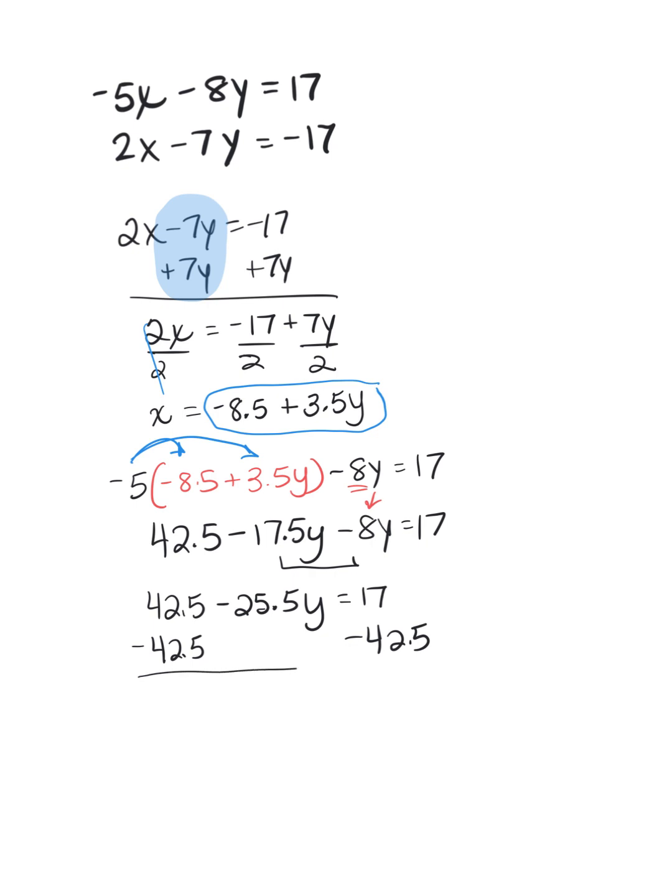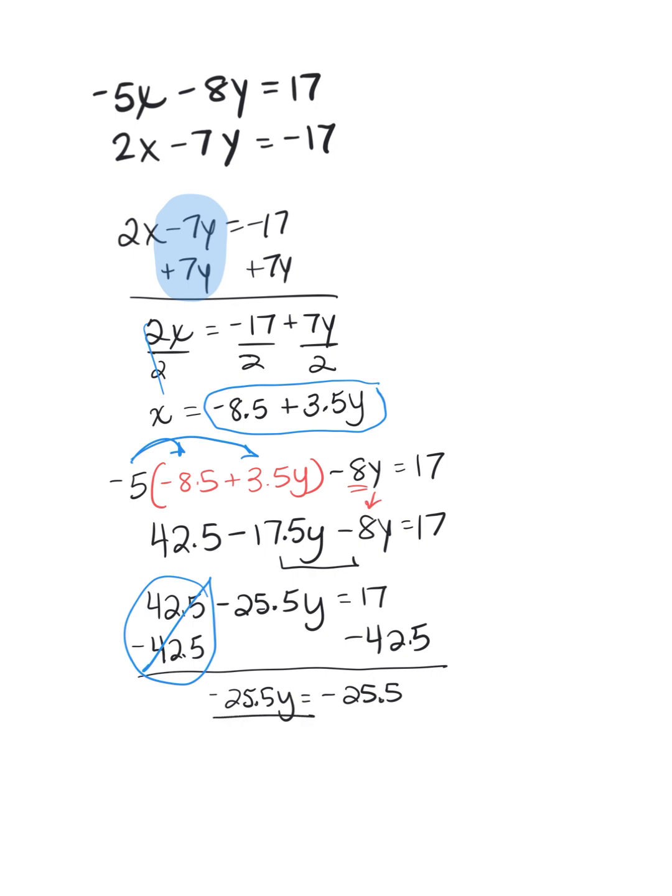These make 0. So I'm good there. That leaves me negative 25.5y is equal to 17 minus 42.5, which is negative 25.5. Isn't it pretty how it worked out after all? We just had to deal with the decimals and the fractions for a second, but now we're good.